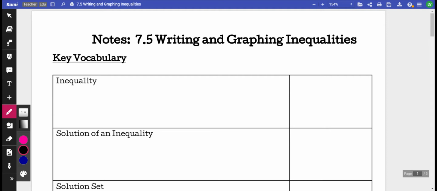Inequality. The definition is a mathematical sentence that compares expressions.